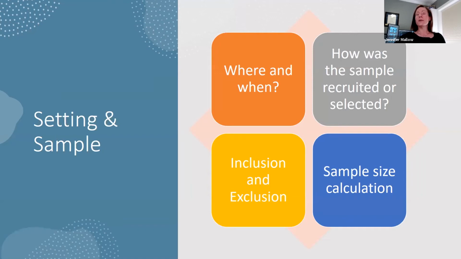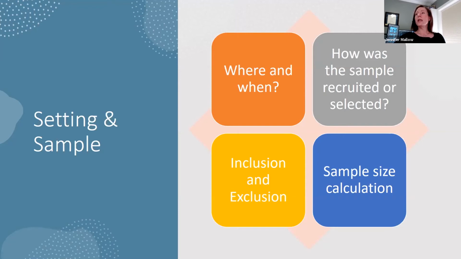How the sample was recruited or collected, for example, a convenience volunteer. Was it systematic sampling? Was it random stratified? Was it matched random, balanced assignment, cluster, purposive, or snowball, or multi-stage sampling? Again, be very specific. Then again, which inclusion and exclusion criteria were applied?